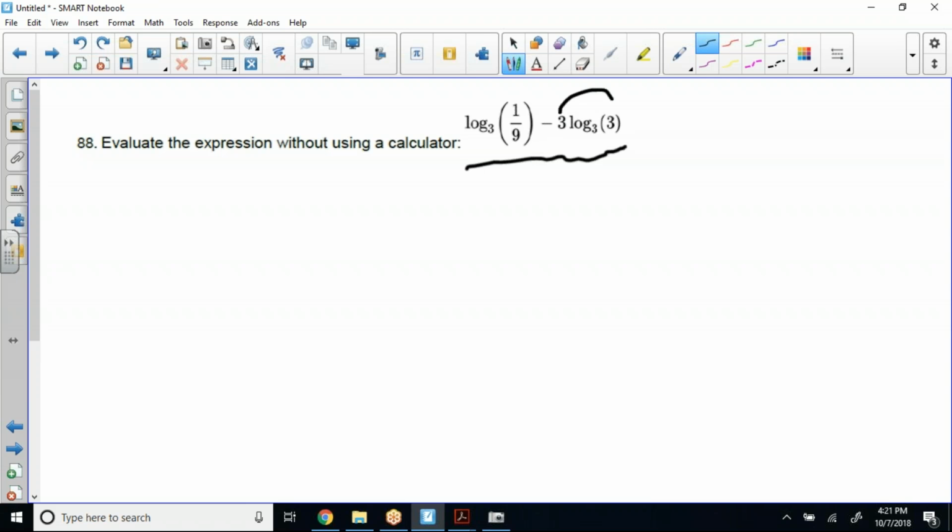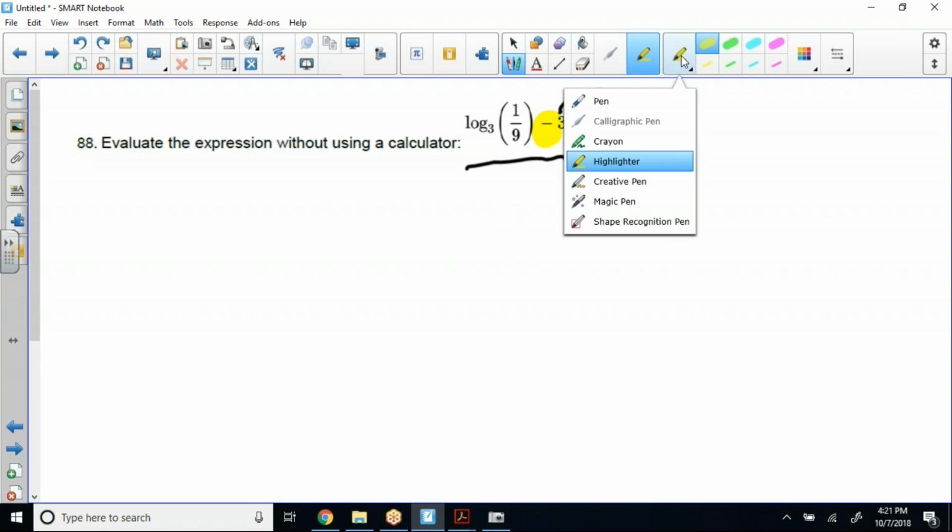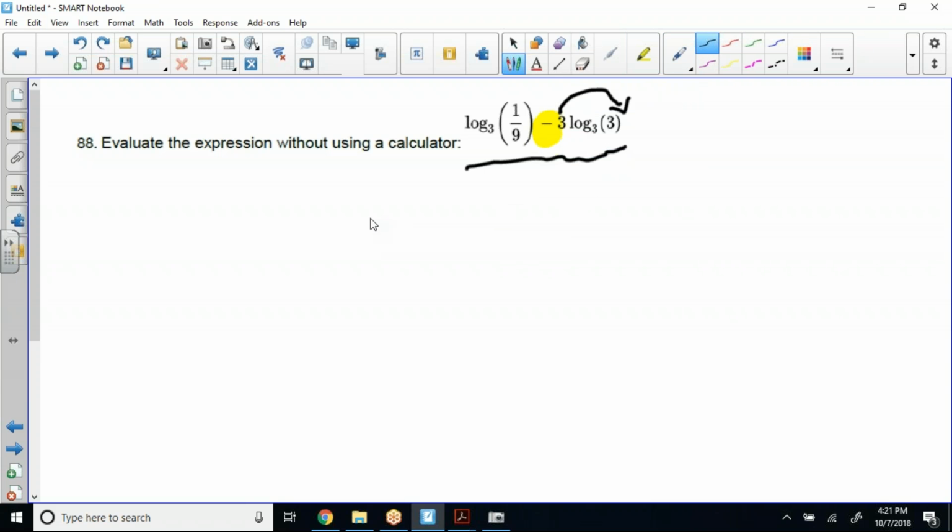We're going to move this 3 back up here, and because we know it is a subtraction, then we know it's a division, correct? It's log, and these are all log 3. Now that's 1/9 over 3 cubed, which would be 27, right?